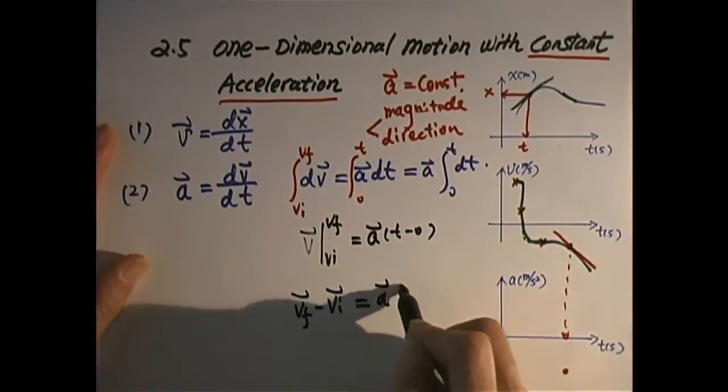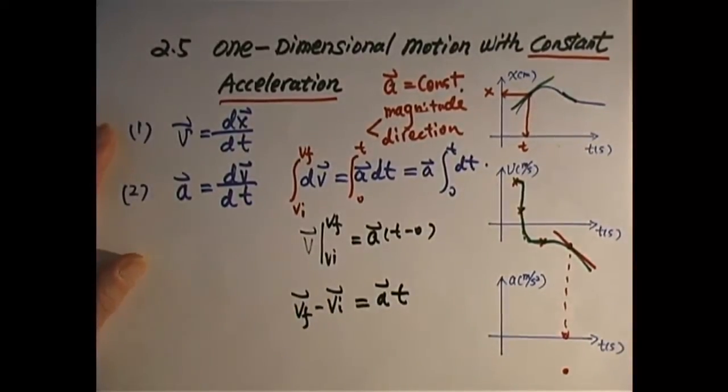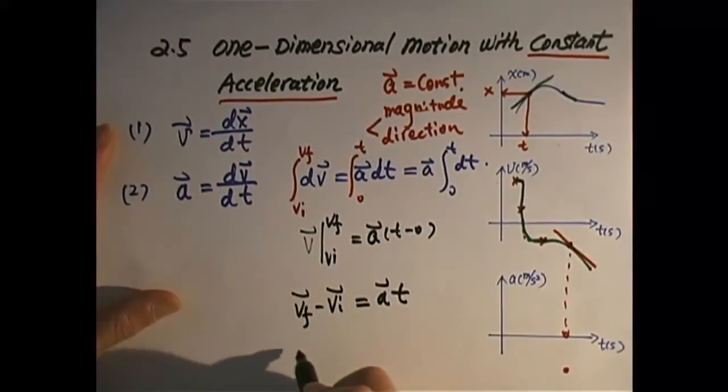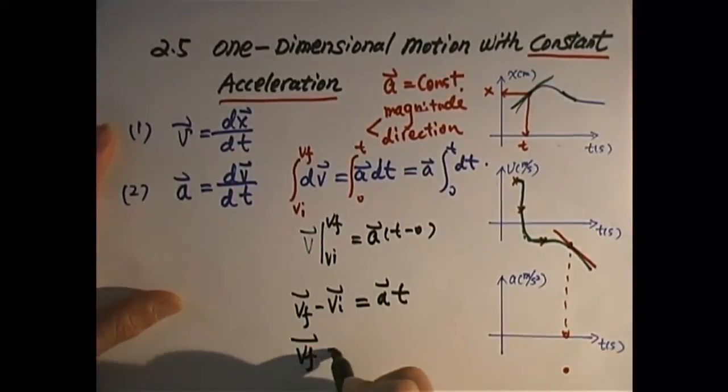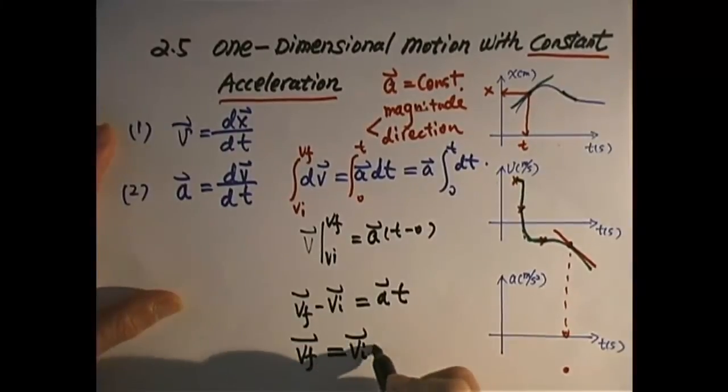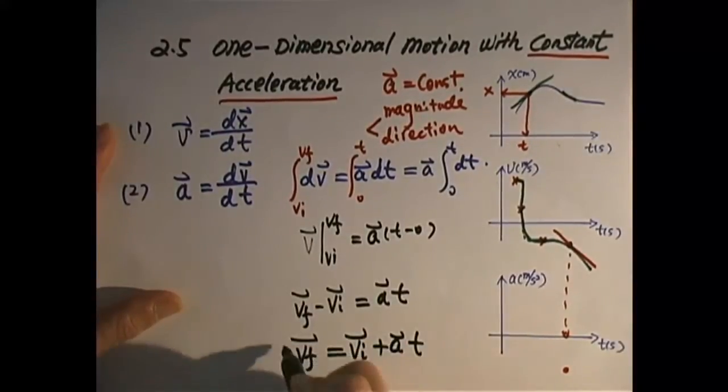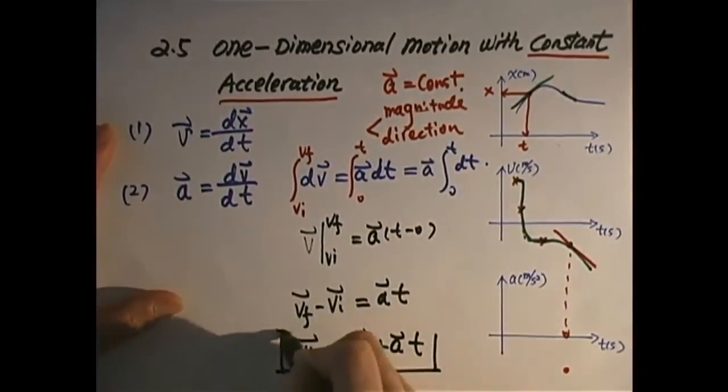If we rearrange it, we like to write v final equals v initial plus at.